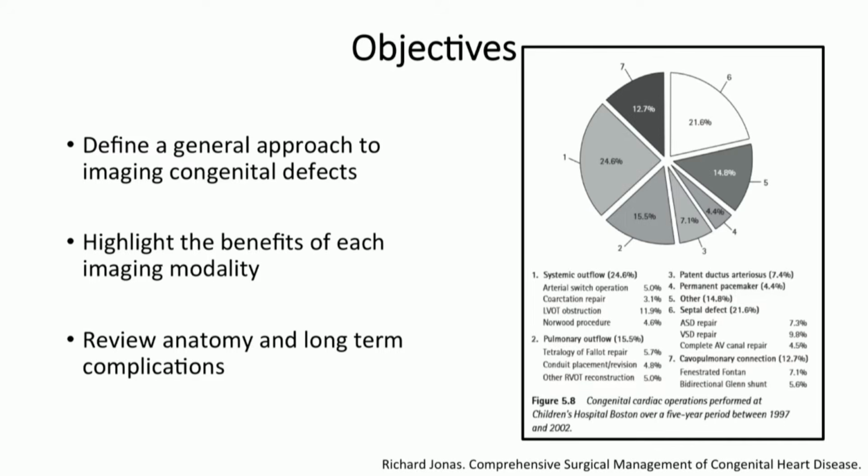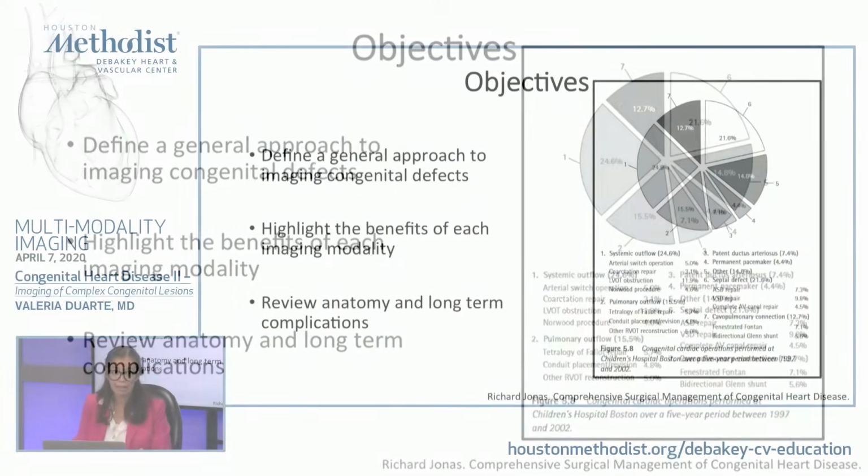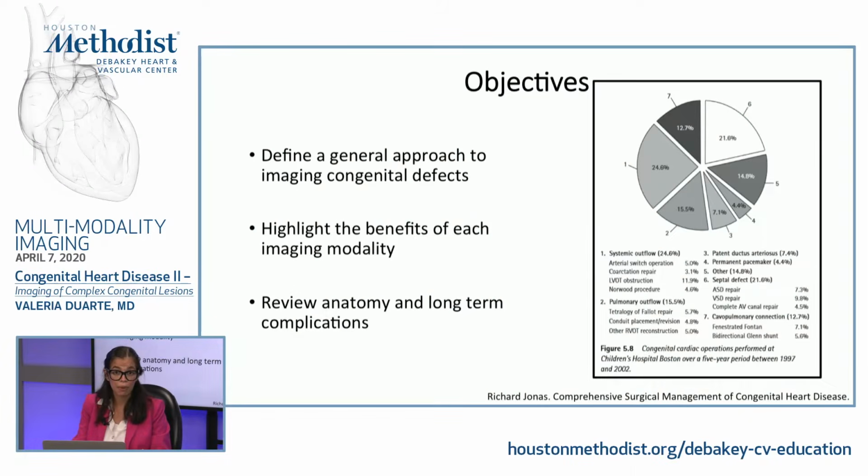This pie chart shows us the congenital cardiac operations that were performed at a large pediatric hospital, Boston Children's, from 1997 to 2002, which means that grossly these kids that were operated back in that time frame are now in their 20s, and we're very likely to find them in our practice and in our labs.